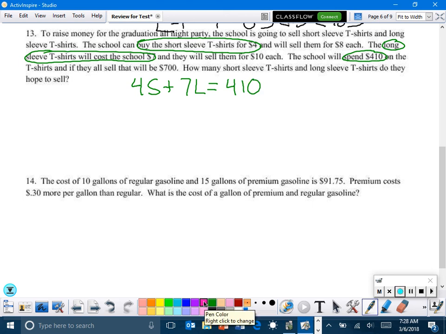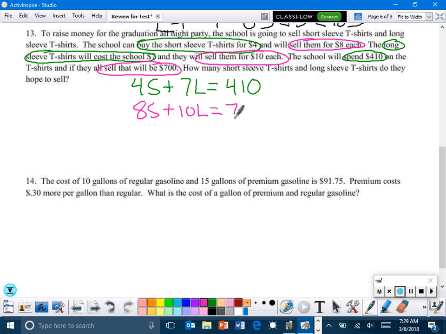Okay, then they sold the short sleeve for 8. They sold the long sleeve for 10, and then they sold altogether 700. All right, so the matrix.